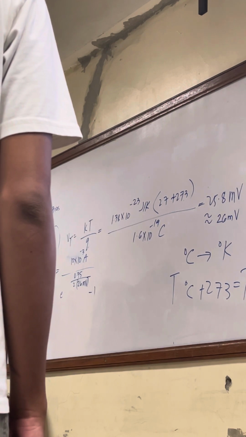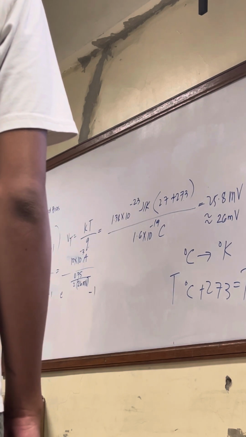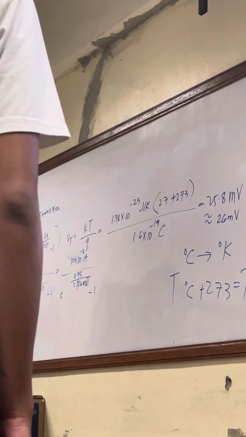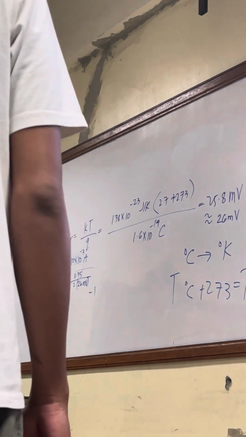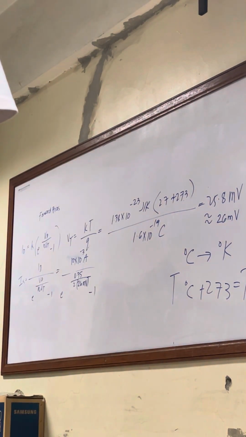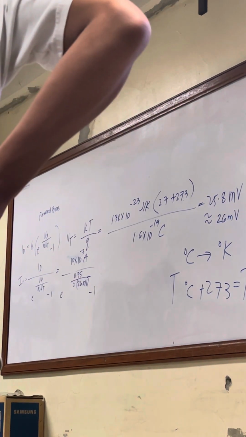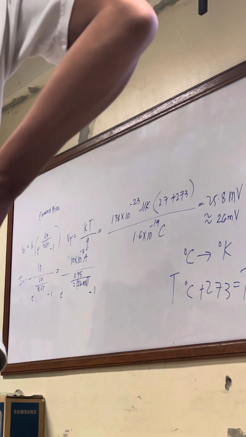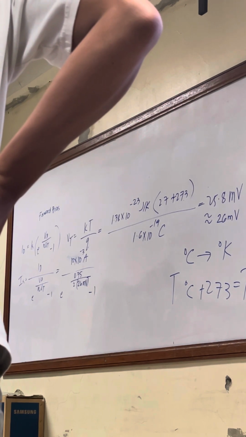Negative one. 0.68, times 0.69, milli. Don't forget the milli. 26 millivolts. Yes, that's the answer.